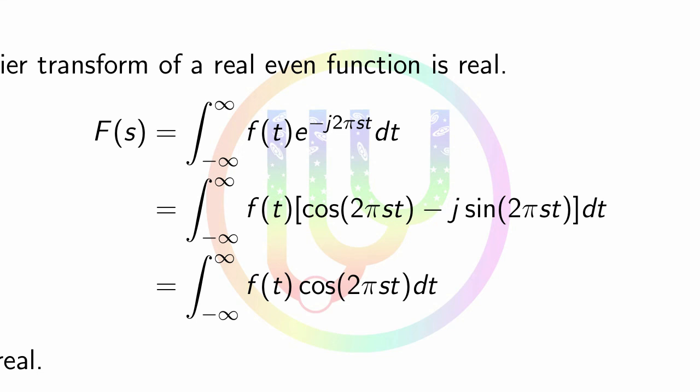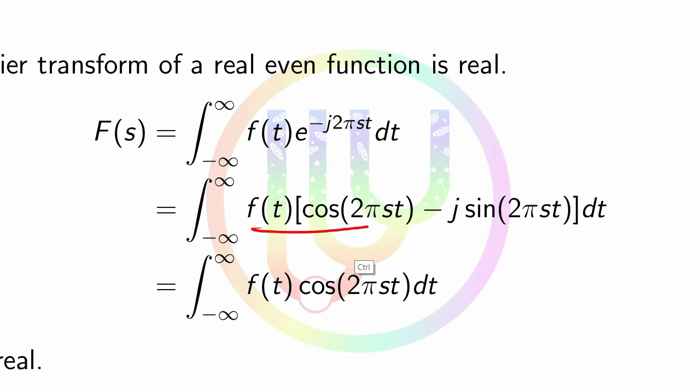Okay, why? We can say it is f of t into e raised to minus j 2 pi s t dt. This e raised to minus j 2 pi s t we can write as cos 2 pi s t minus j sin 2 pi s t. Then f of t is even, as given, but sin 2 pi s t is odd, right? So an even function into an odd function will become an odd function. We are integrating from minus infinity to infinity, so the integration of this part will become 0.